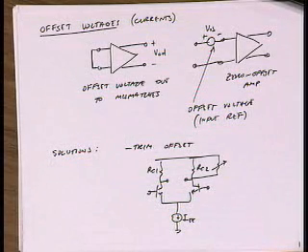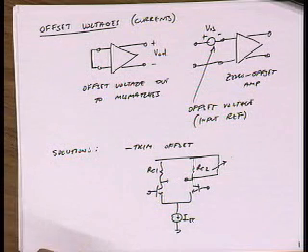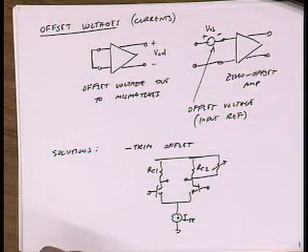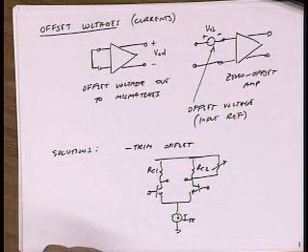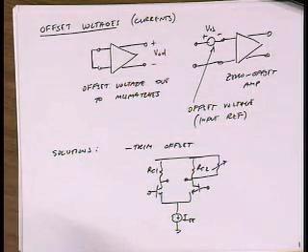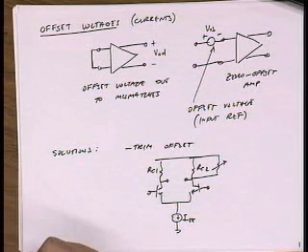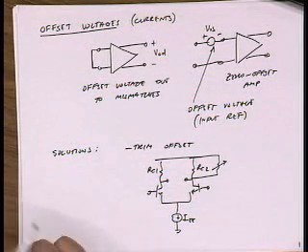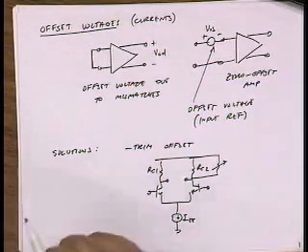How else could you deal with this offset? Anybody have an idea of, let's say, a signal processing technique to get rid of the offset? Well, we'll talk about it later.